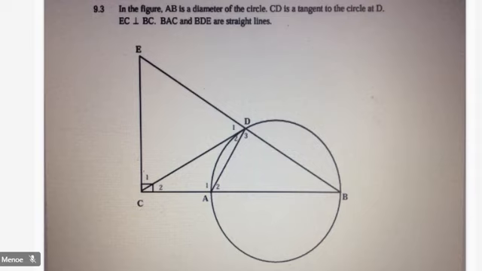So let's get started. In the information they say, in the figure, AB is a diameter. We are doing the same thing, the same way as in the first video. What do you know about the diameter? You know that the diameter subtends a 90-degree angle at the circumference of a circle.